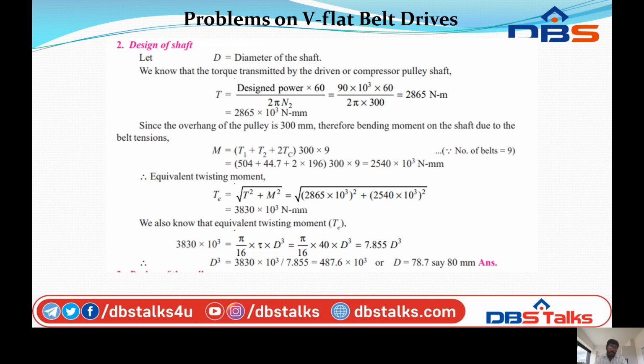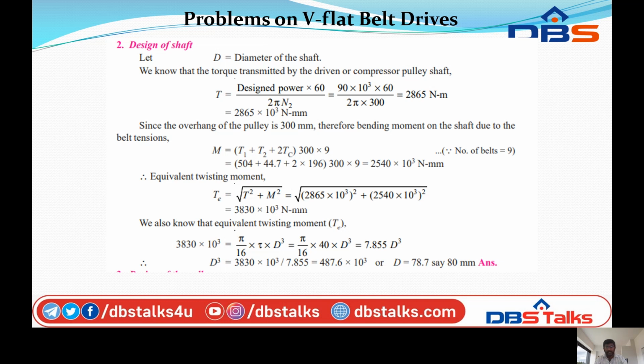So also we know that equivalent twisting moment Te is equal to 3830 into 10 cube, that is equal to pi by 16 into tau into d cube. So pi by 16 into tau 40.